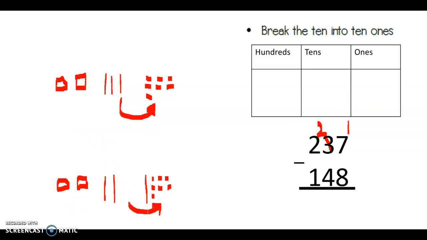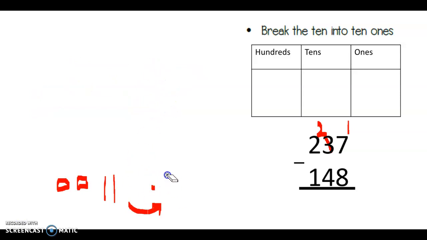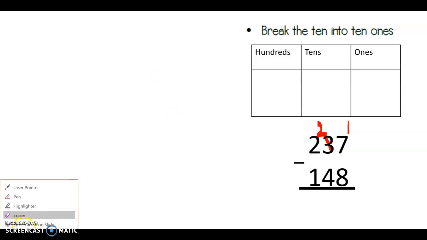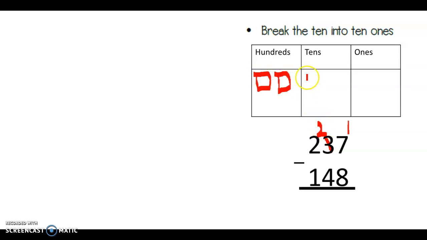Now we've got to break the 10 into ones because we've moved that 10 over into the ones place. 10 ones equals 1 ten. So I've got my 200. Okay, now I have 2 tens in the tens place. Here's that 10 I moved over to the ones place and my 7 ones.